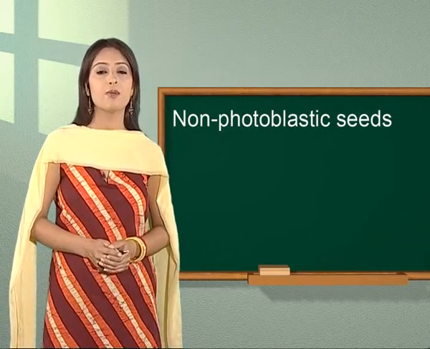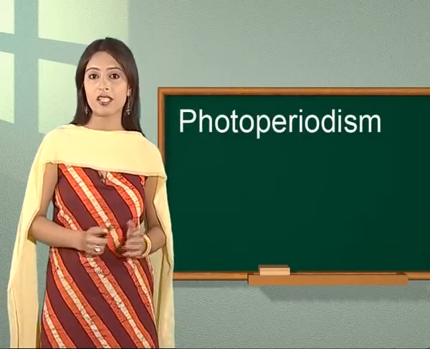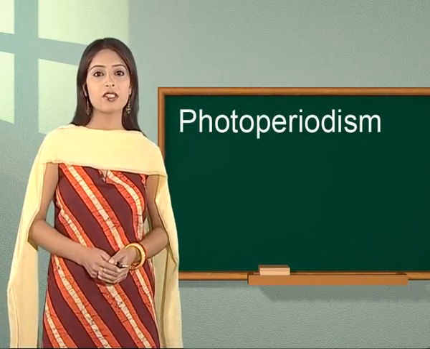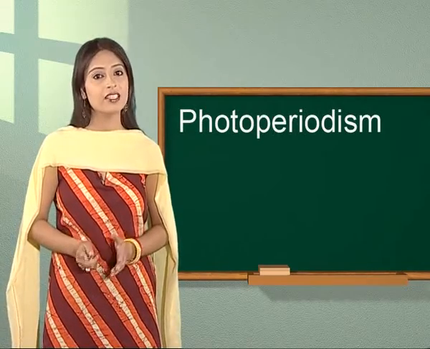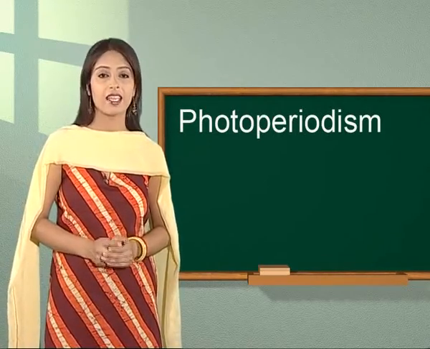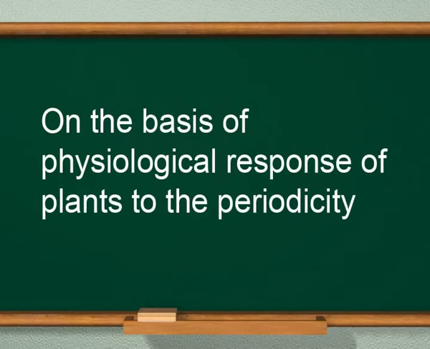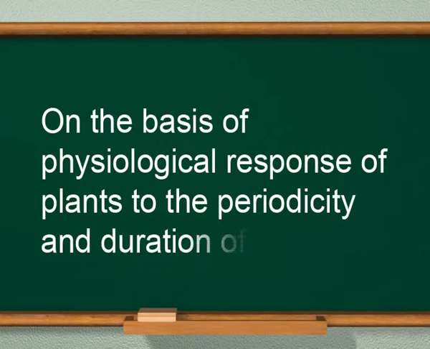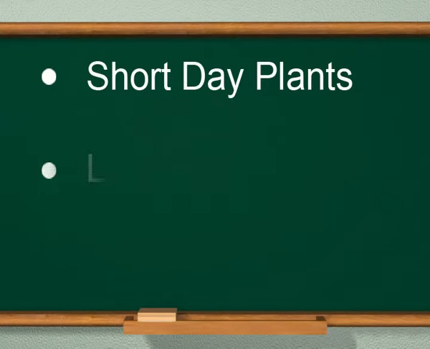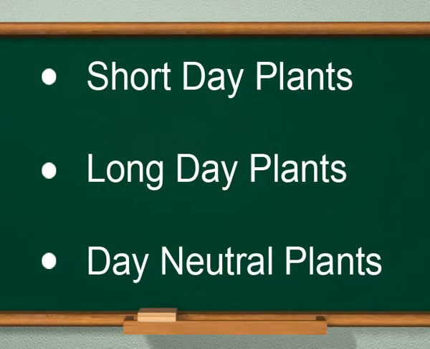Thereafter, we discussed the term photoperiodism to learn the response of organisms to the relative length of the day and night. On the basis of physiological response of plants to the periodicity and duration of light, they are of three types: short day plants, long day plants, and day neutral plants.